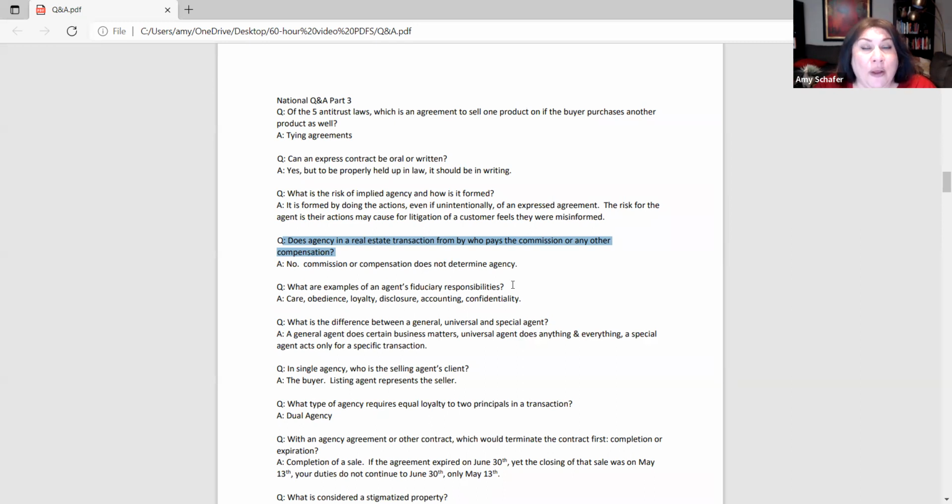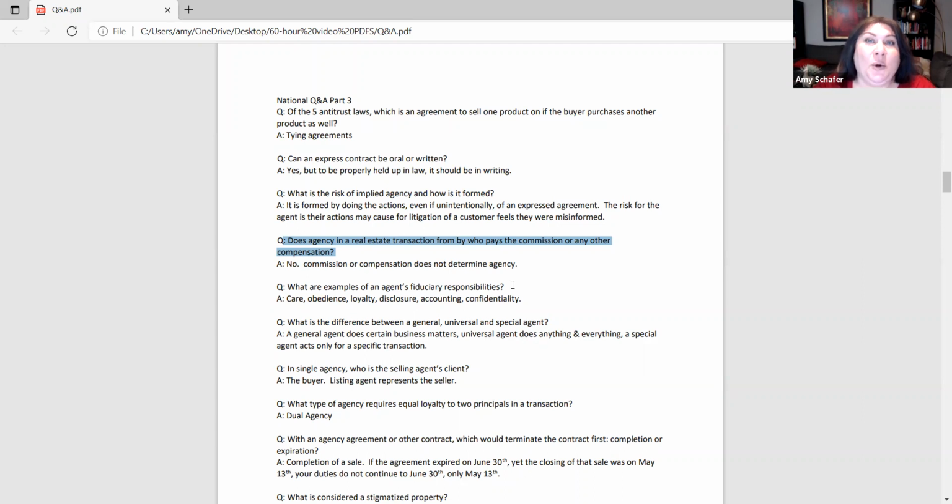And you're putting their interests above your own. You are following their lawful instruction. You are accountable for any funds that come in to your possession on their behalf. And you don't disclose anything to another party that might put them at a disadvantage when negotiating. You keep their affairs confidential.